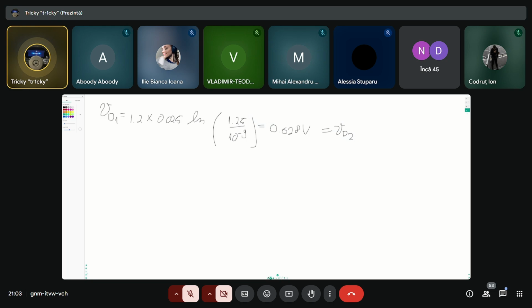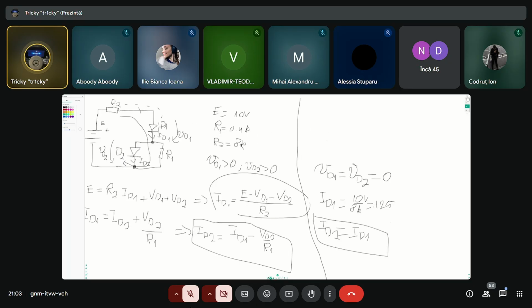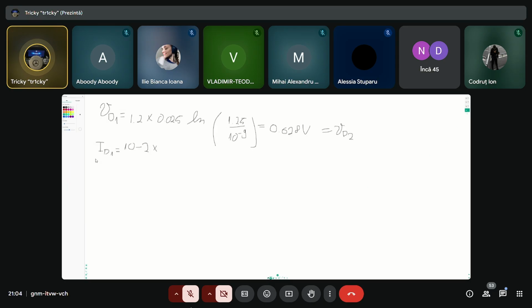And yeah, now we can go back and calculate the new currents, ID1 and ID2, knowing the new voltages. It's 10 minus VD1 minus VD2. Actually, yeah, never mind.